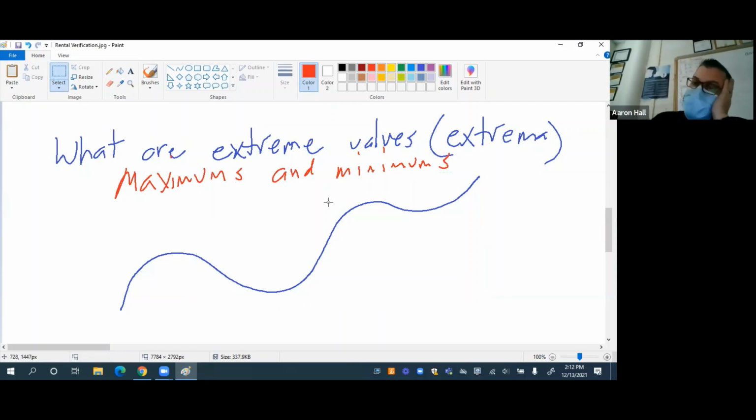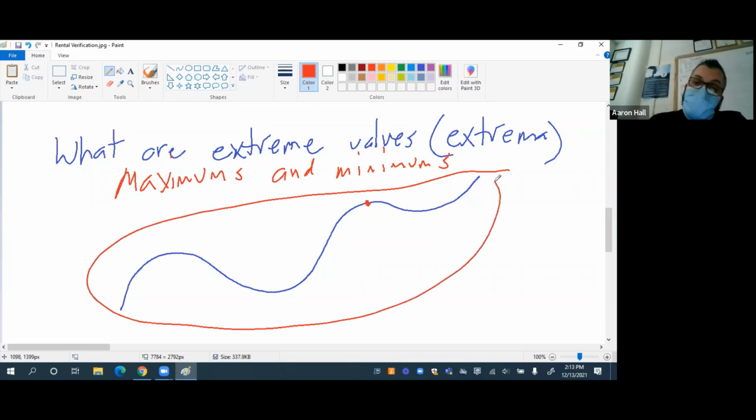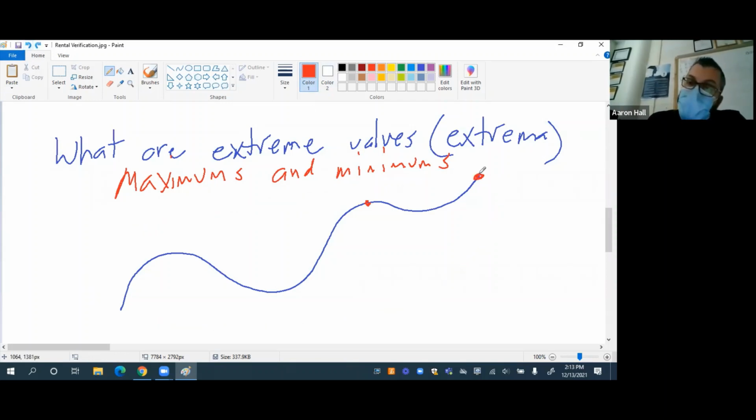Now, I could say that this is a maximum. And the way that we define a maximum is by looking at the points that are immediately around it. And so this would be a maximum point. But if I look at all of the graph here, then this point right here is the most maximum.